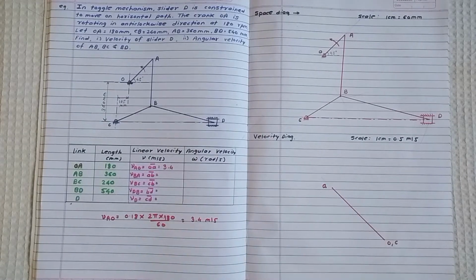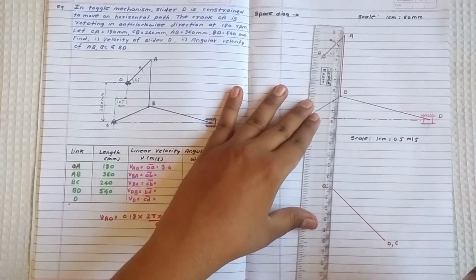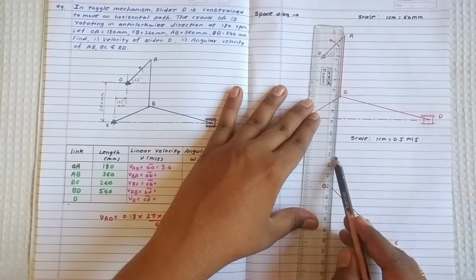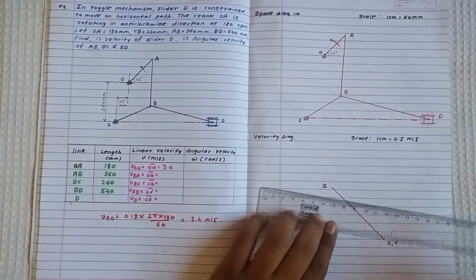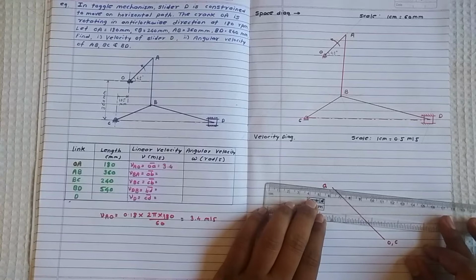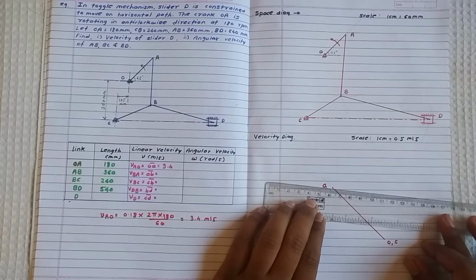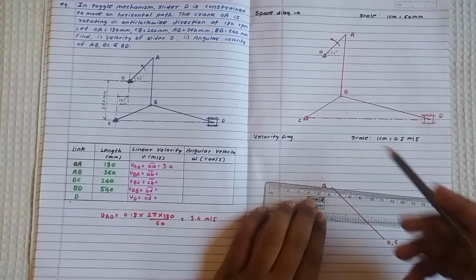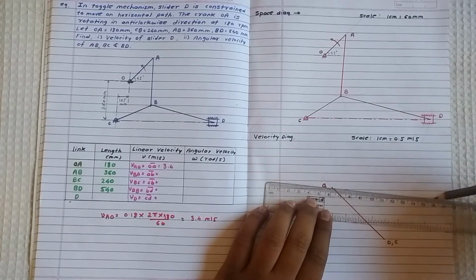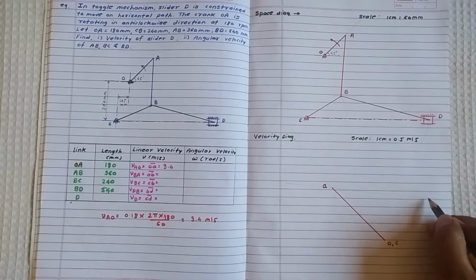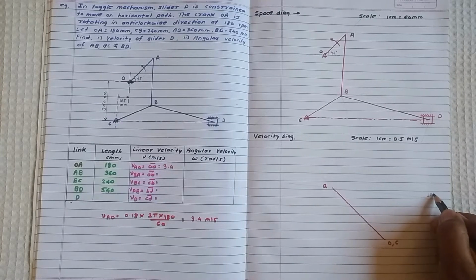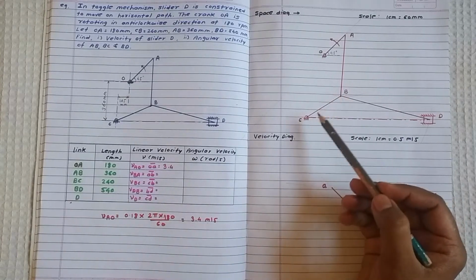Now next is AB, whose magnitude we do not know, but its direction we know: it is perpendicular to AB. So let us draw a perpendicular to AB from point A. For that I will transfer line AB here, and draw a perpendicular from a. We don't know where it ends exactly, so I will name it perpendicular to AB. Next is BC.